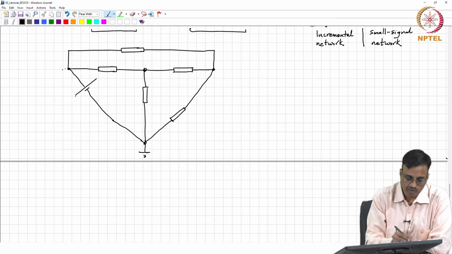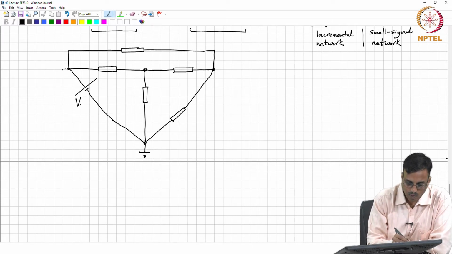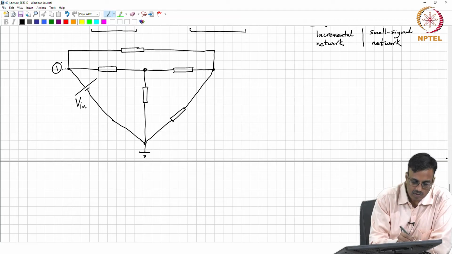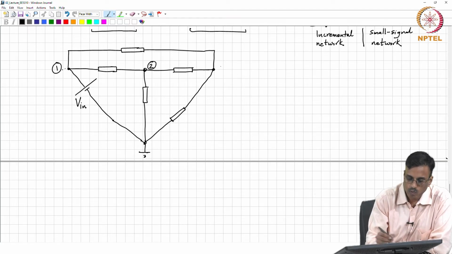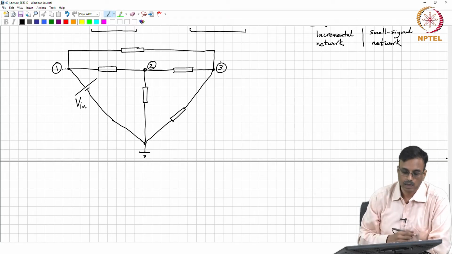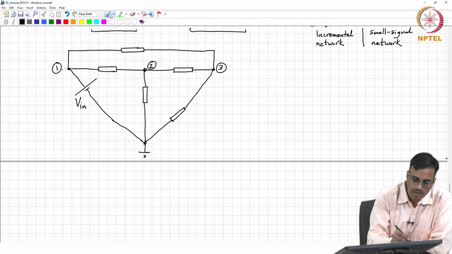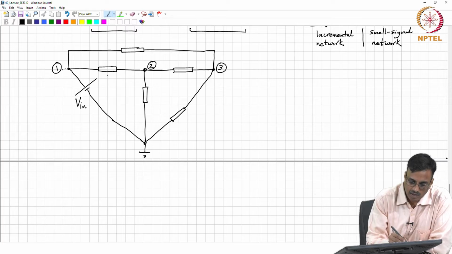Okay. So, this is let us say capital V1 or V in, and let us number these nodes 1, 2, 3, all right, and let us number at least some branches.